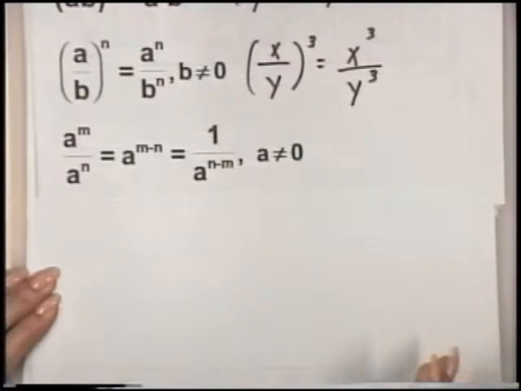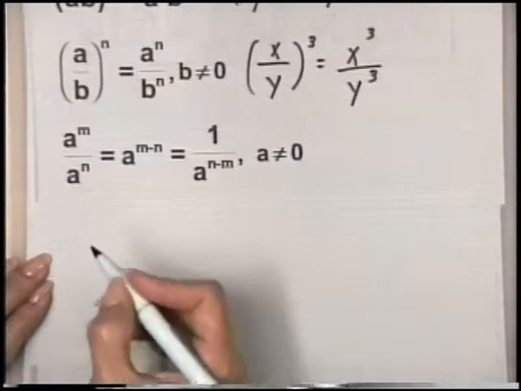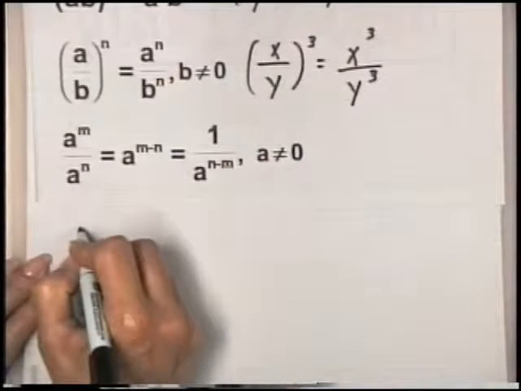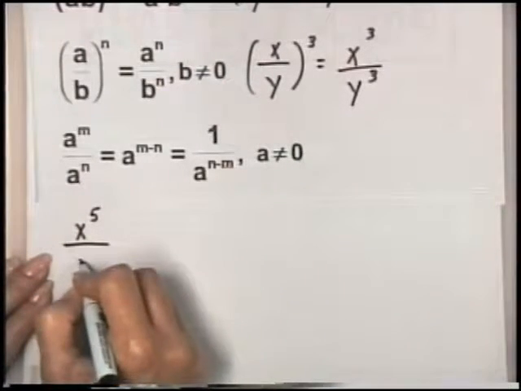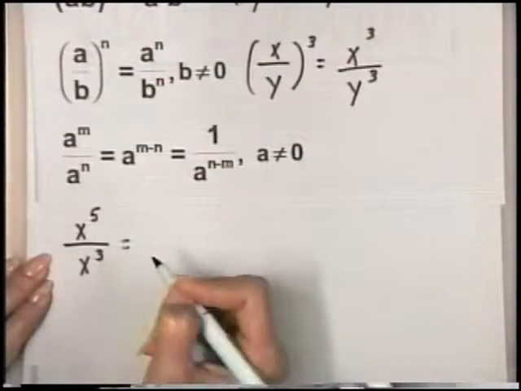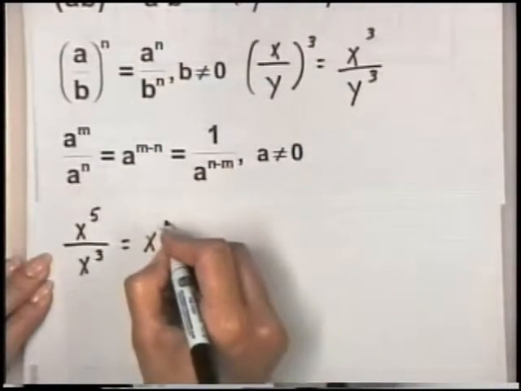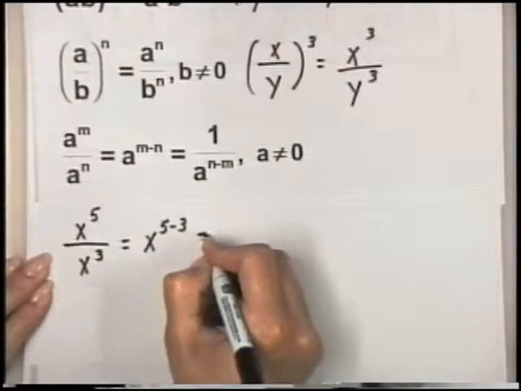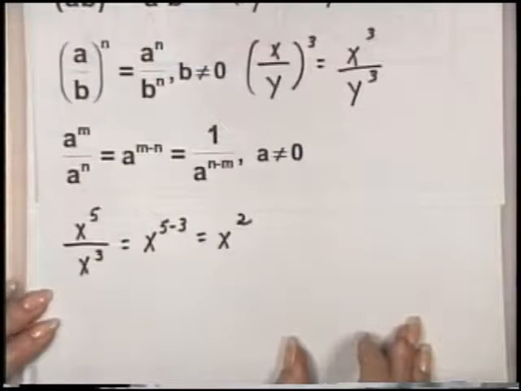And of course, once again, a does not equal 0. As an example, if I have x to the 5th power divided by x to the 3rd power, I may say that that is equal to x to the 5 subtract 3, or x to the 2nd power.